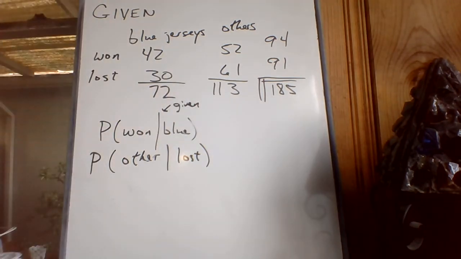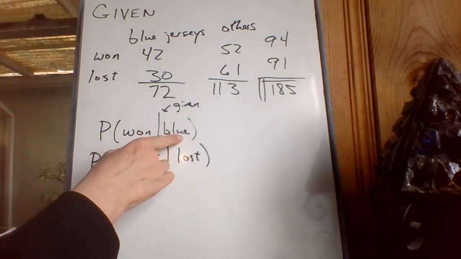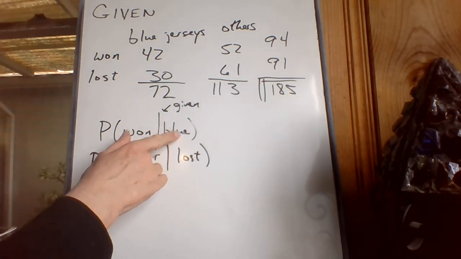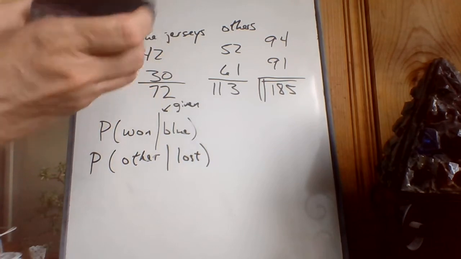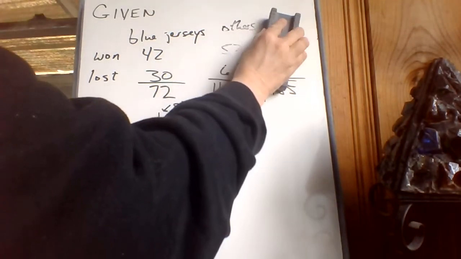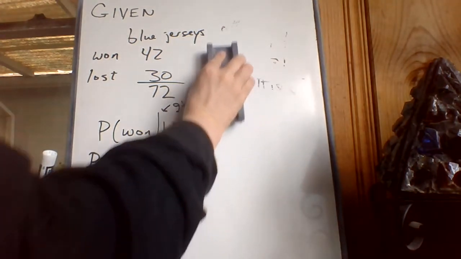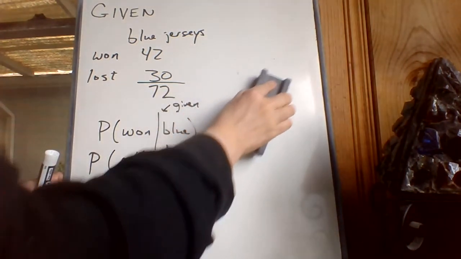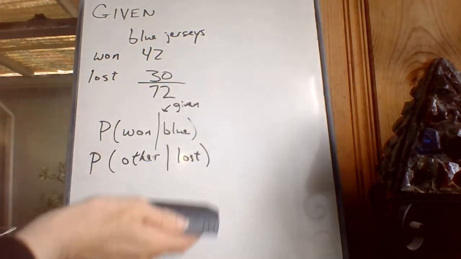Given means that none of the other stuff ever even happened. Okay, if blue jerseys is what I'm interested in, I know I'm going to regret erasing this, but I'm going to erase it anyway. Okay. It means none of this stuff ever happened. Given that you're only looking at the stuff with blue jerseys.